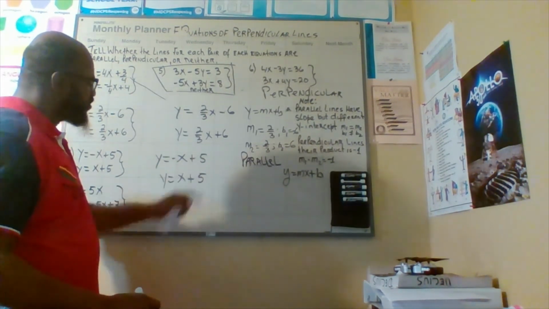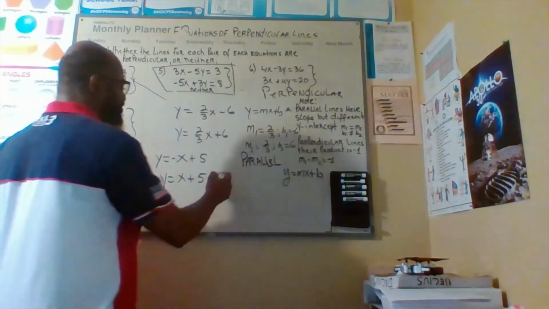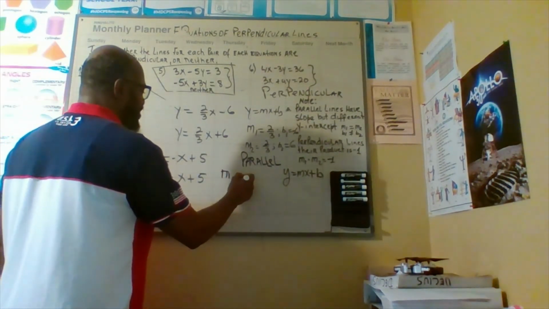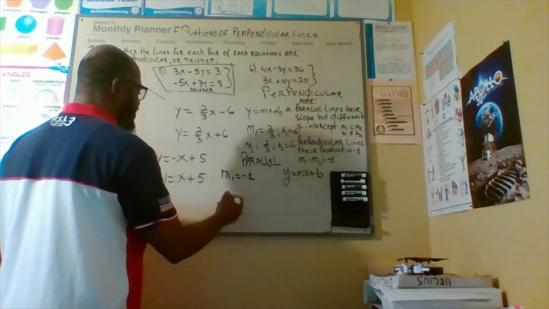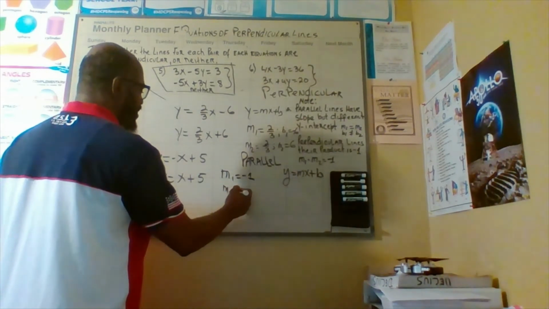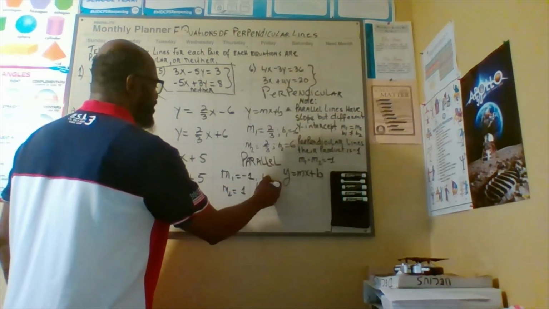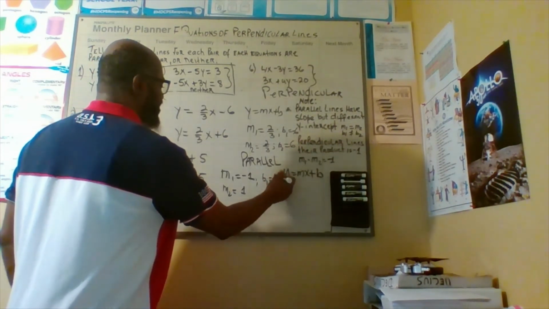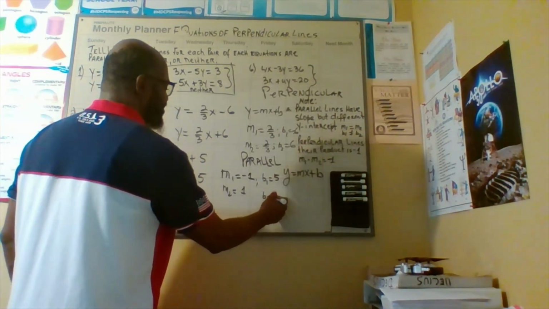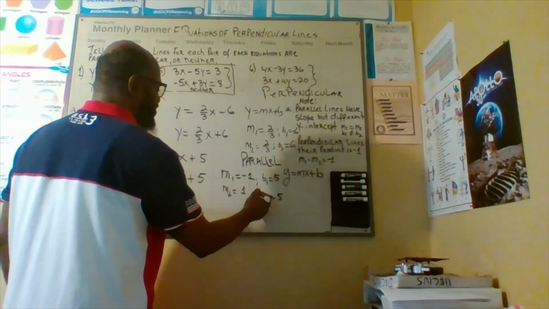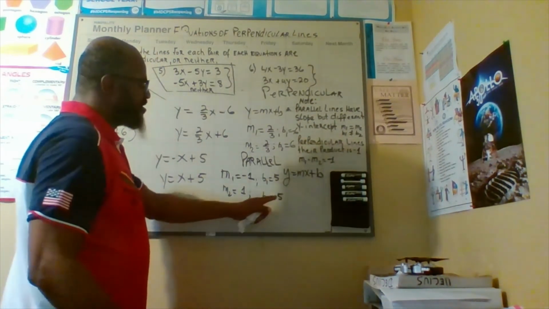So let us find the slope. M1 is negative 1, M2 is 1, and B1 is 5, and B2 is 5. They intersect, they cannot be parallel. No matter what, they will touch at 0, 5.